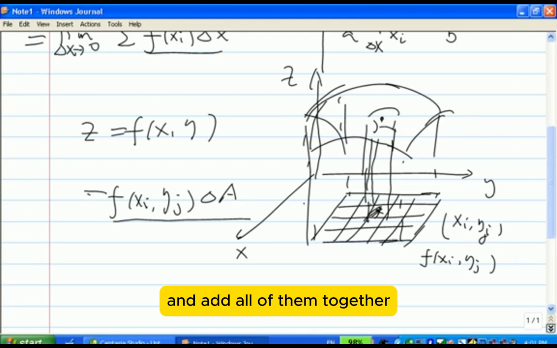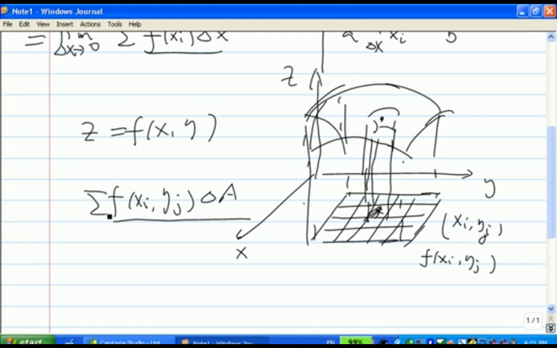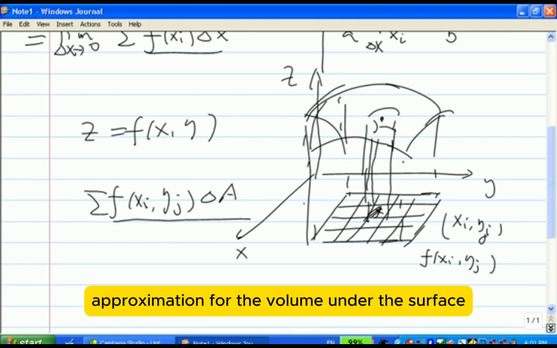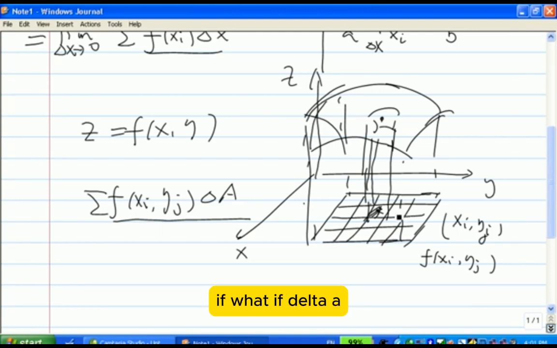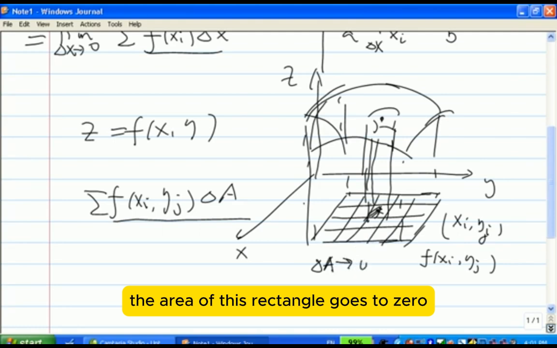And adding all of them together gives you an approximation for the volume under the surface. This approximation is going to get better and better if delta A, the area of this rectangle, goes to 0.